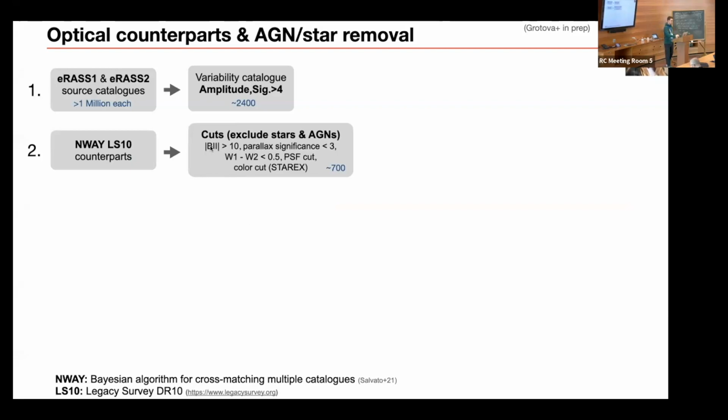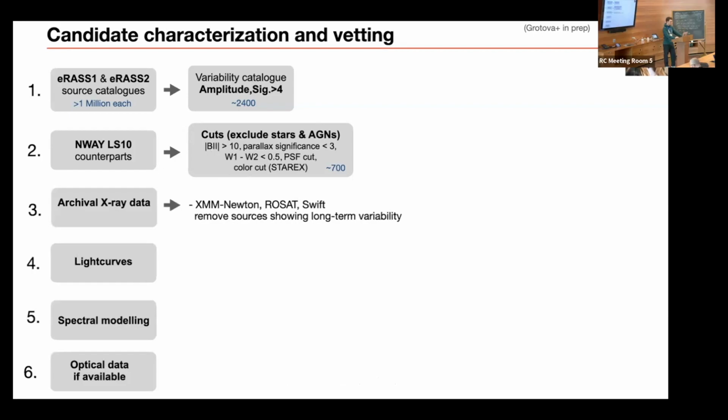For example, you exclude sources within the galactic plane, or sources with significant parallax, and exclude sources where the mid-infrared color suggests that they're an AGN. And then you look at the archival X-ray data from each source and make sure that there wasn't significant X-ray variability in the past suggesting an AGN.